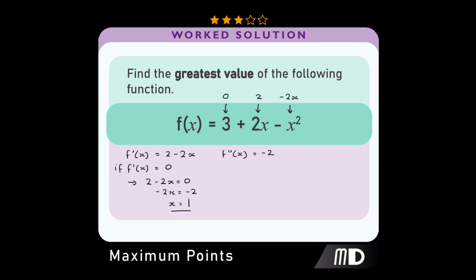When f double prime is less than 0, the value of x represents a maximum point, which confirms that the x-coordinate of 1 represents a maximum point for the function f of x.